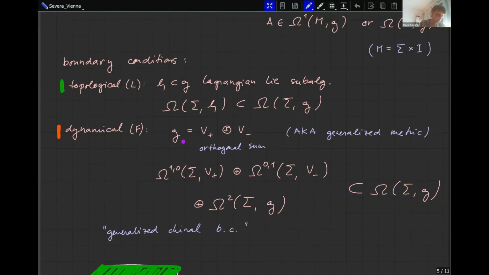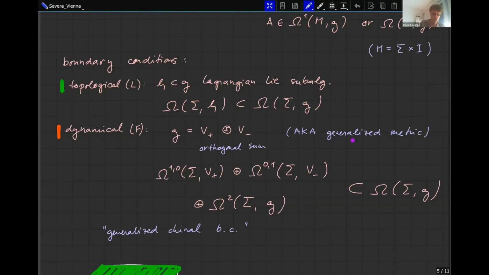It also needs this strange data that we decompose g into an orthogonal direct sum of two vector subspaces. We should also require, as a technical thing, that the pairing on g is positive definite on V plus and negative definite on V minus. That's what those signs stand for. And this is what is called a generalized metric in some community.